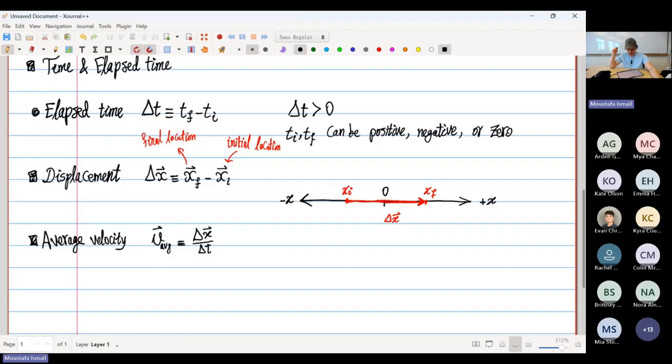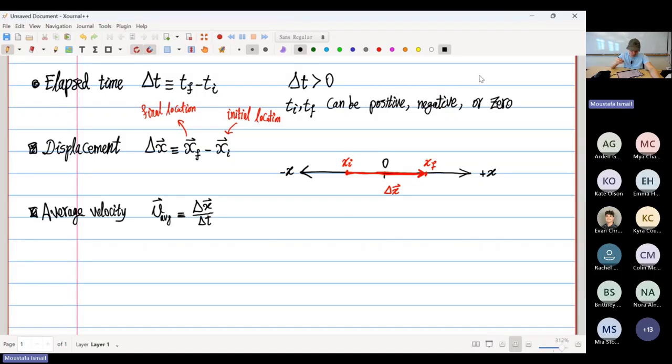And we discussed that this doesn't take into account what happens in between because it only cares about the initial and final points. So if you went to some place and spent time, but you came back to the same position, then it doesn't matter. The average velocity equals 0.